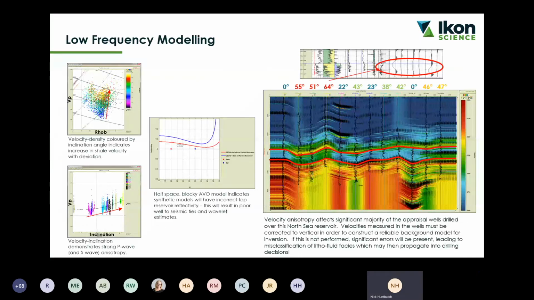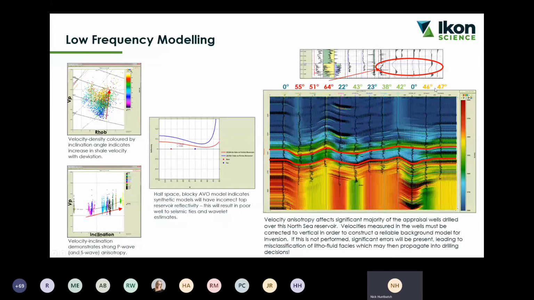The other aspect, of course, is when we get to our inversion stage, we need to build a low frequency model in your conventional approach to give you the low frequency information. What we have here on this section view is the wells that have been input to build that low frequency model, and the average deviation through the section is posted at each well location.